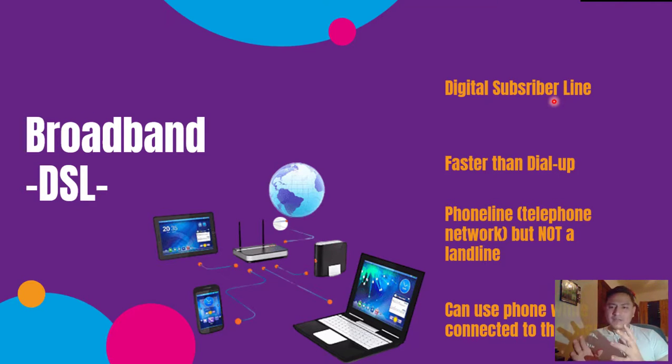It uses something called a telephone network, but it doesn't have to be directly from the landline. Okay, however, if you do have a landline, broadband allows you to use the phone while being connected to the internet. So in broadband, the phone lines or telephone networks do not require a landline, but if they do require a landline, you can use a phone while connected to the internet.